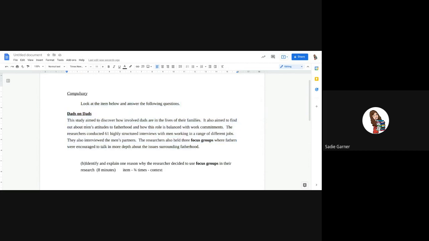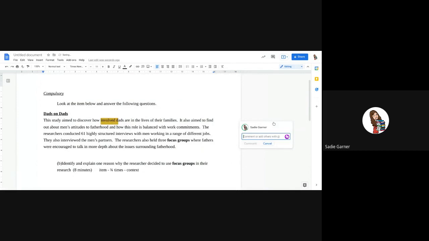So, dads on dads. This study aimed to discover how involved dads are in the lives of their families. So the aim is to look at how involved dads are in their families.